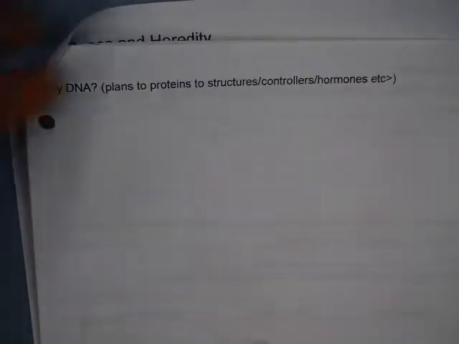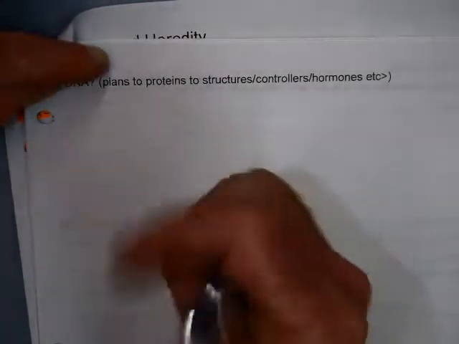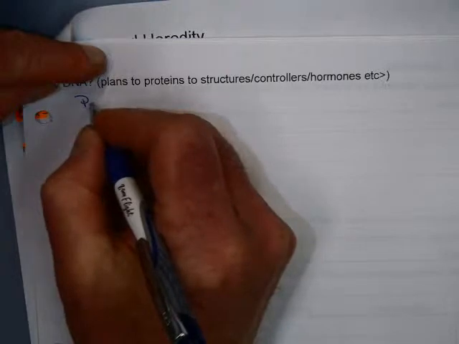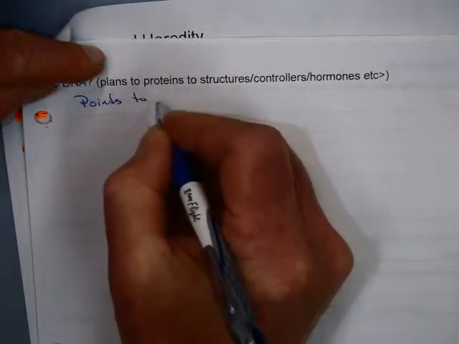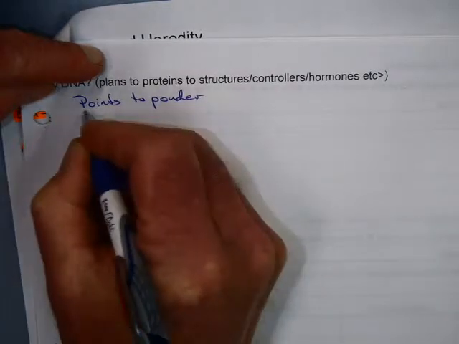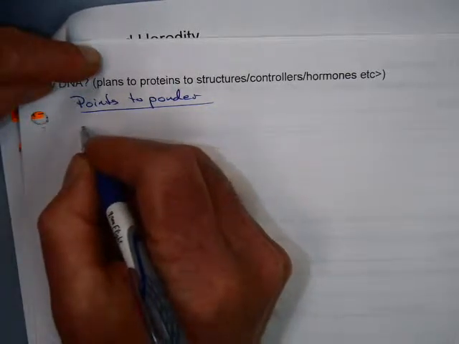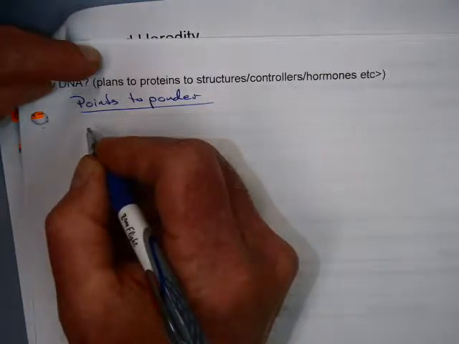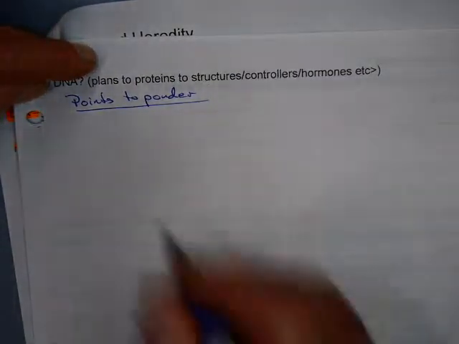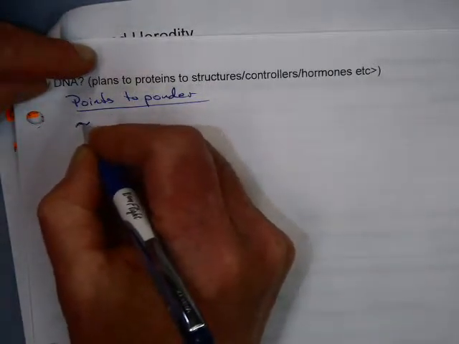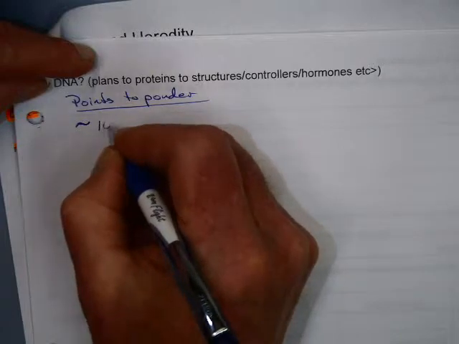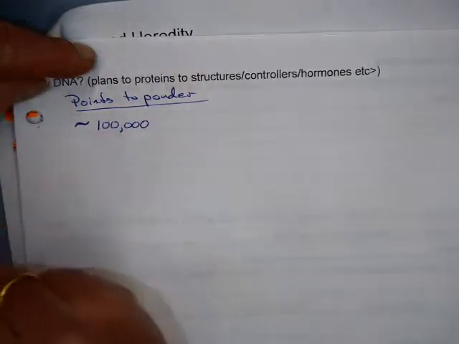Why DNA? Turns out that, points to ponder, we don't know exactly how many, but we do have a ballpark number of how many different kinds of proteins there are in the human body, and it turns out to be about 100,000 different kinds.